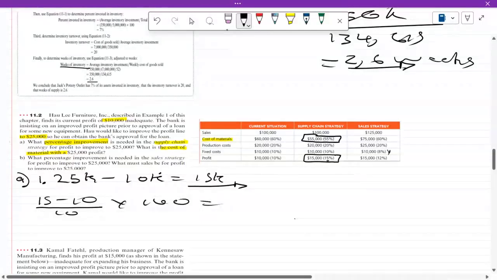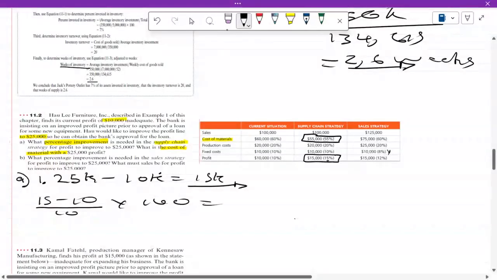I hope I'm not blundering, but this is how you're supposed to do. Needed in the supply chain to improve, which is no, not on the improvement. I'm making a mistake. Sorry. Okay, we have our 15K here, but you must compare it with the current profit. Yeah, I think that makes sense. 15 minus the current over the current equals 50%.